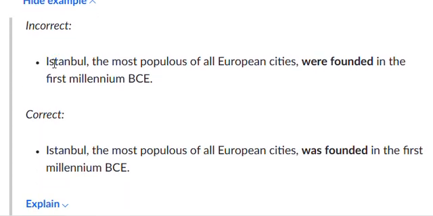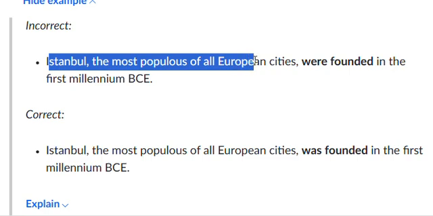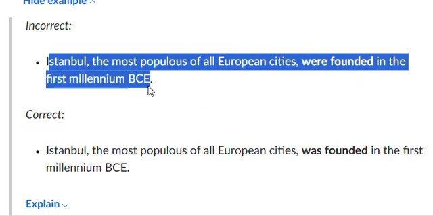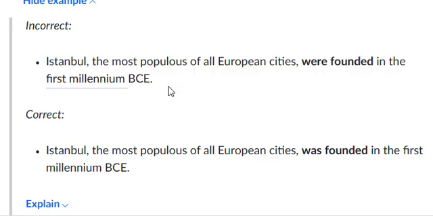For instance: "Istanbul, the most populous of all European cities, were founded in the first millennium BC." Here Istanbul is the subject, and "were founded" is the verb.